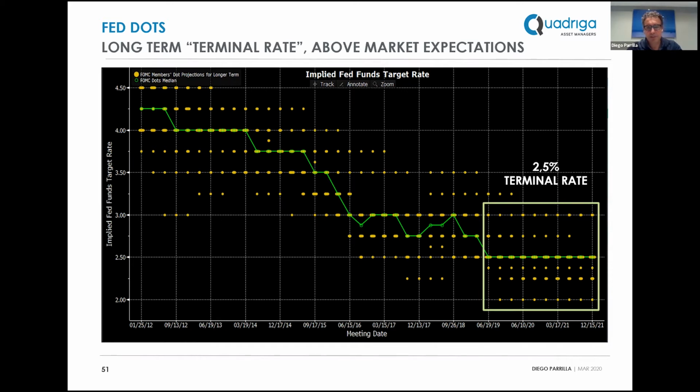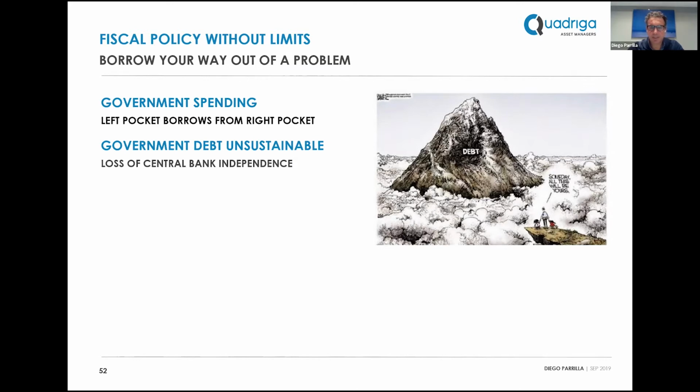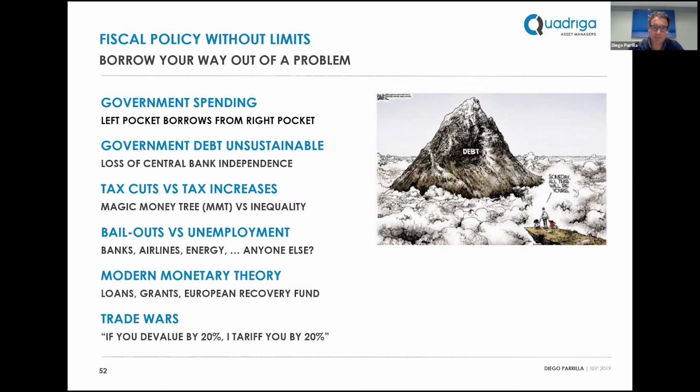And so we have this permanent shift down that is effectively going hand in hand with the second big driver, which is trying to borrow your way out of problems. And this has the dimension of spending and of debt, fiscal, taxes, bailouts, MMTs, checks, trade wars, and everything.